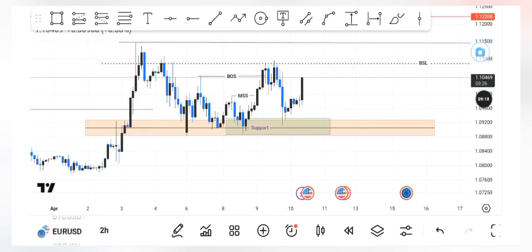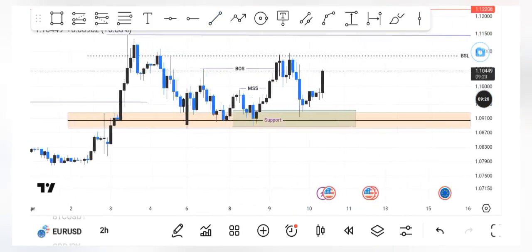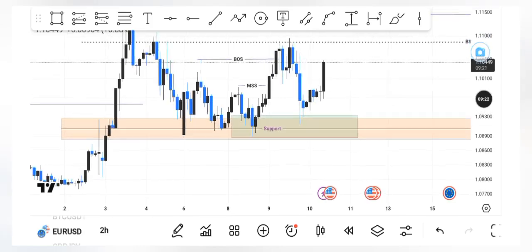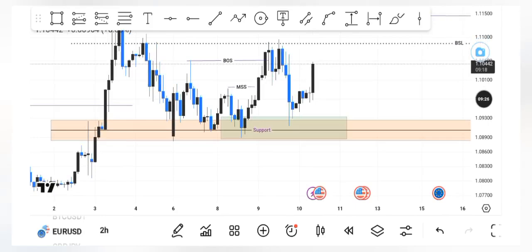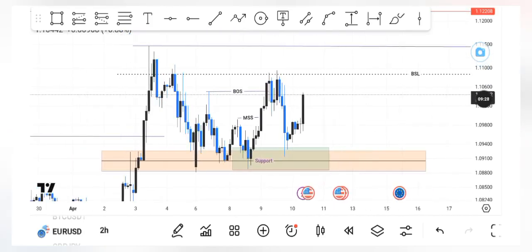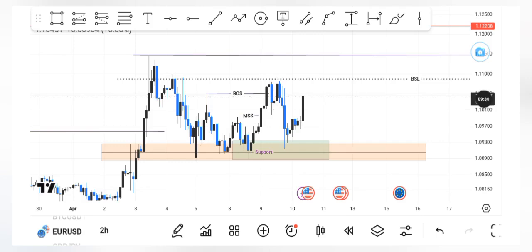If the market clears this last higher high, we expect the market to continue upward. If it fails, we expect a downward movement. This is how we trade.